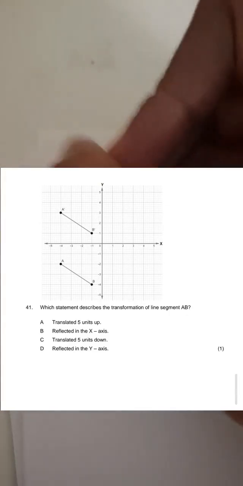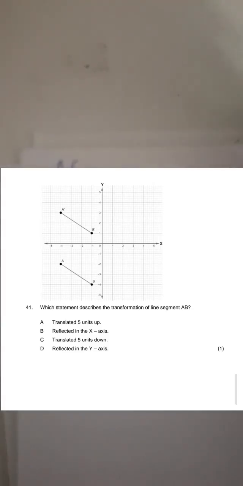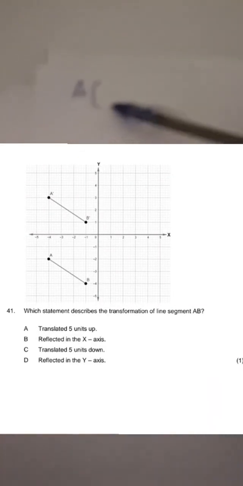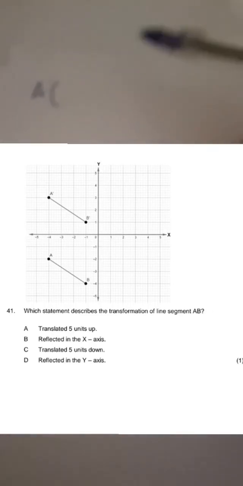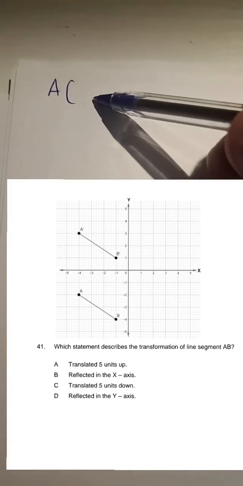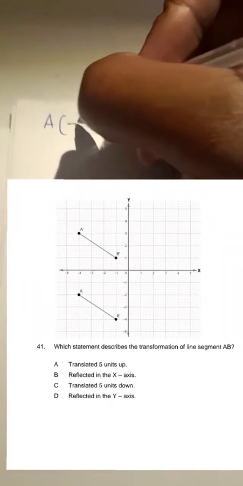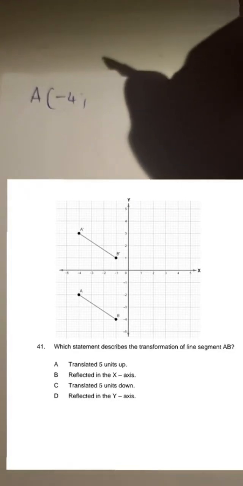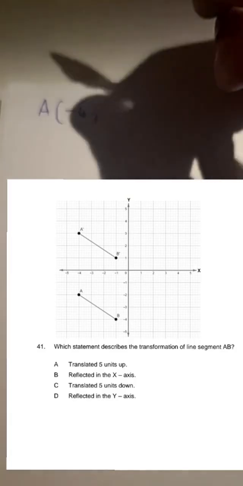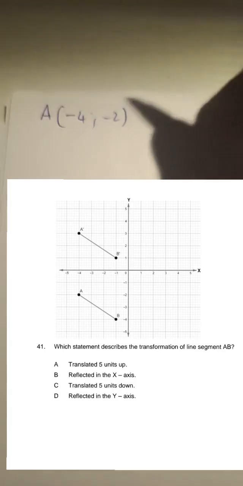So what we have there is A. If we read the coordinates of A from the diagram that we see, I'm sure you guys can see that x is -4, because on the x-axis, x is -4 for A, and then y is -2.